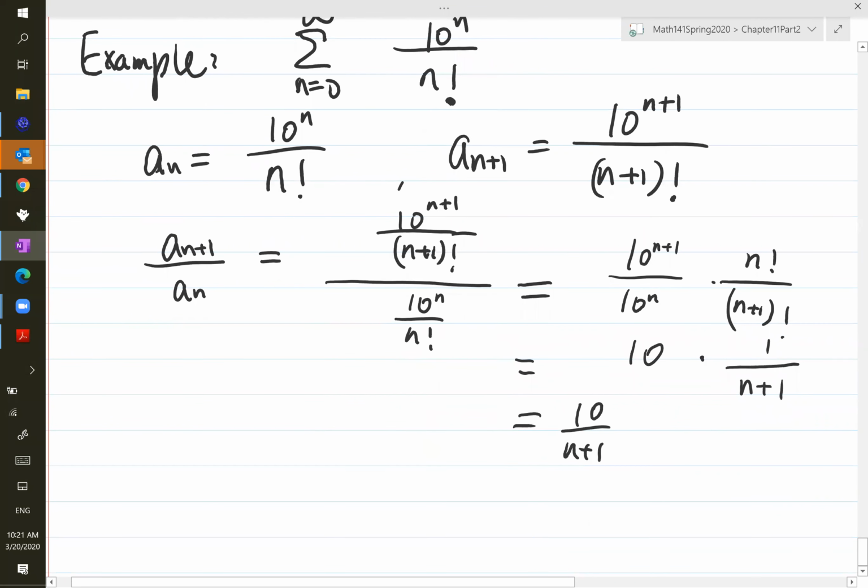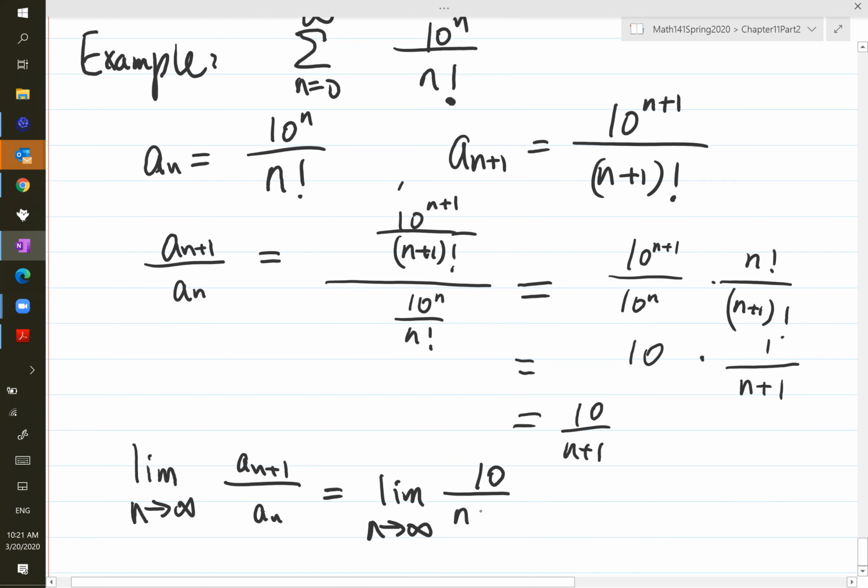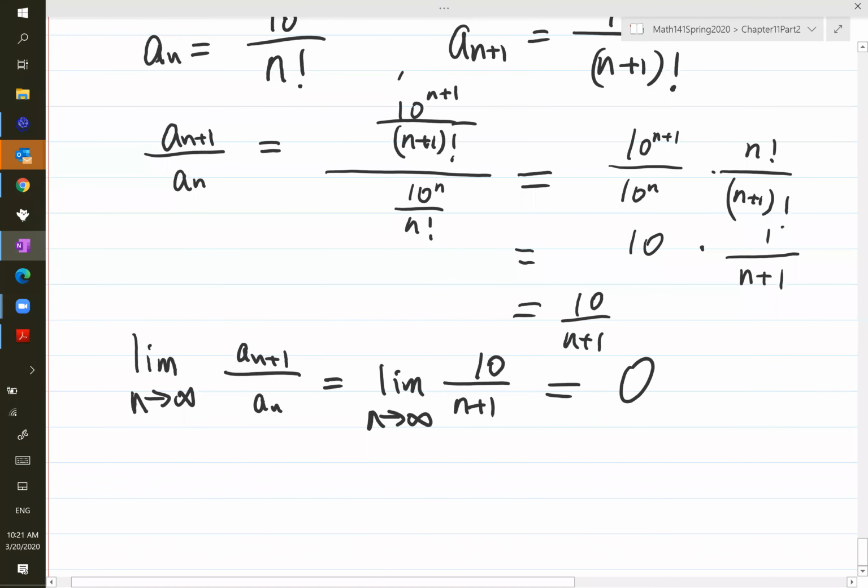Then we find the limit as n approaches infinity of a_(n+1) over a_n, which is the limit of 10 over n plus 1. As n approaches infinity, the denominator approaches infinity, so the fraction approaches 0. The ratio is 0, less than 1.